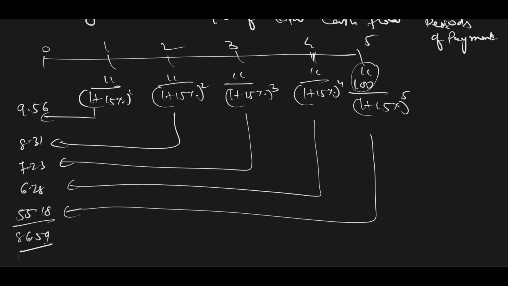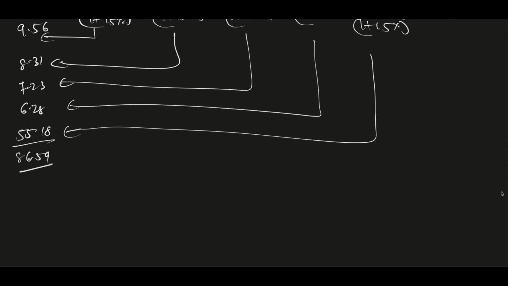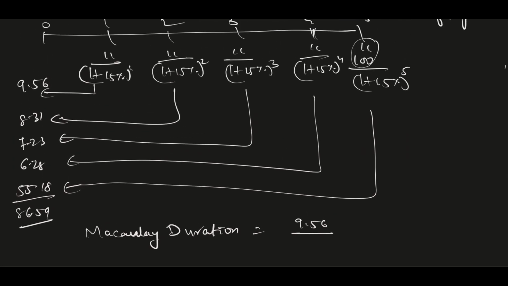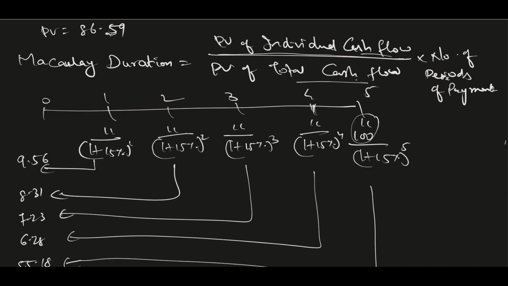Now, as per the formula that I have given here, Macaulay duration is equal to present value of individual cash flow, the first one is 9.56, divided by present value of total cash flow into number of periods of payment.